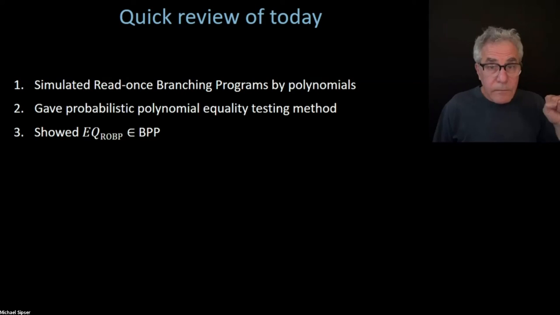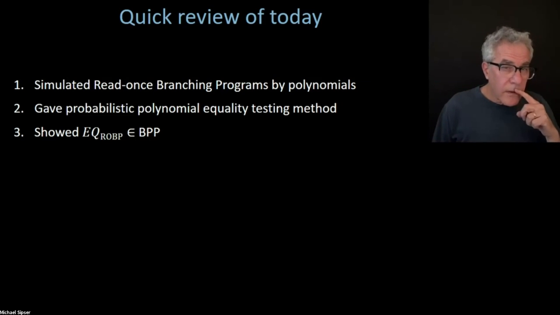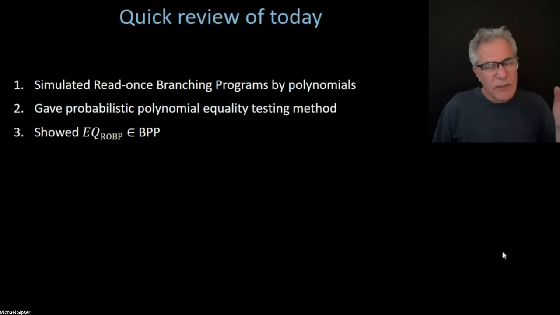For the polynomials P1 and P2, it's only a polynomial number of quantities? I don't think so, because it depends on the size of the field. No, it's going to be something like m to the nth power, right?